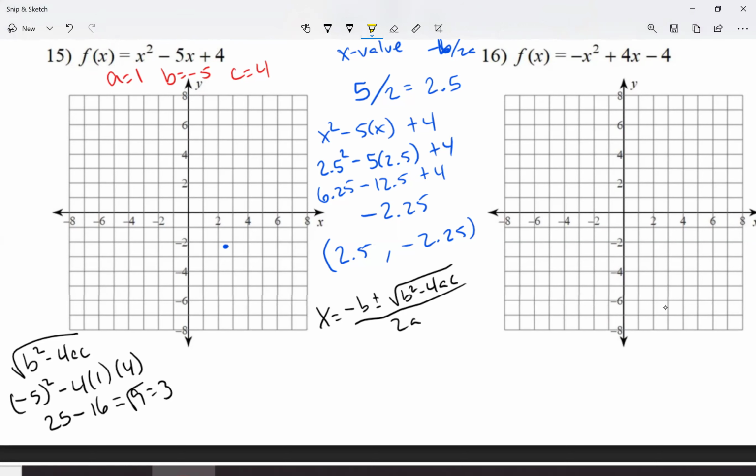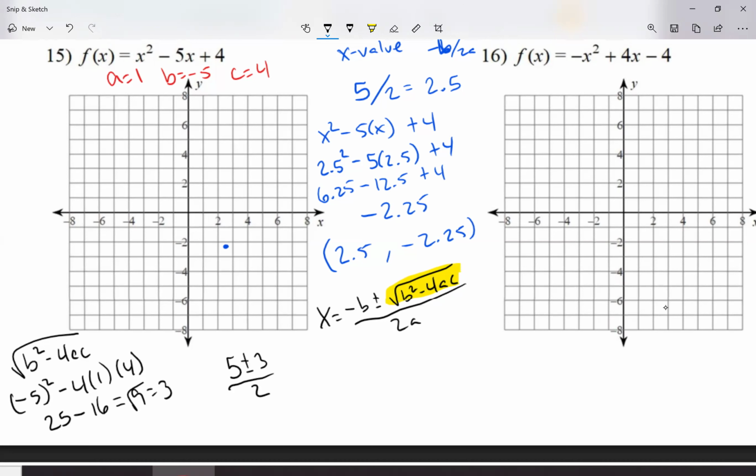Now, that is basically all of this. So let me rewrite my formula. Negative b, but since my b is negative to begin with, the negative of a negative is positive. So let me write this as 5 plus or minus 3 all over 2 times a.